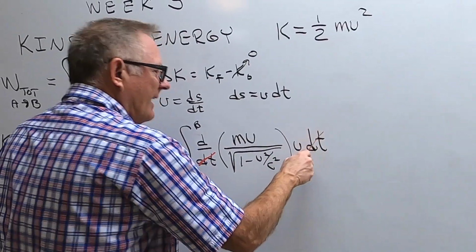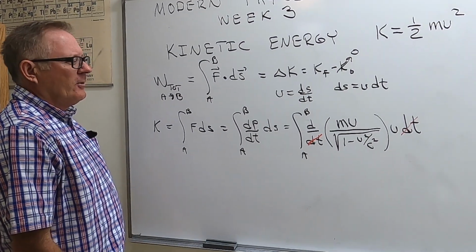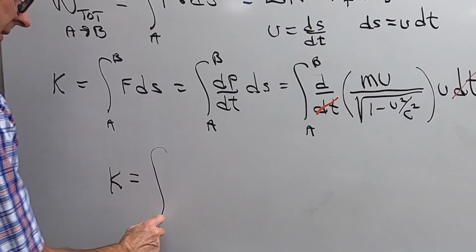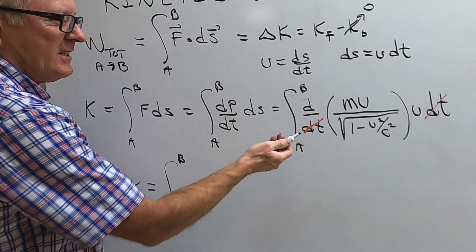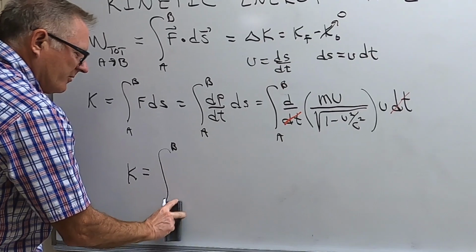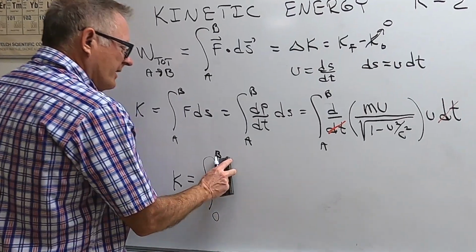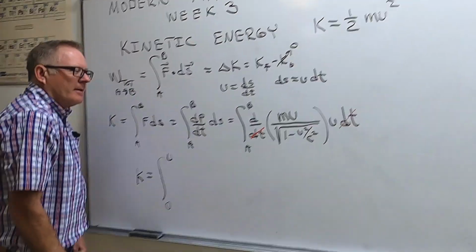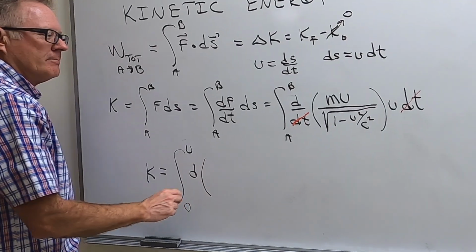And now, let's write it down first. So we get K is equal to the integral from A to B. Actually, what's changing is really the speed in here. We're going to go from 0 speed to some final u. Well, if we're going to go to some final u, then I don't like u's inside the integrand right here.